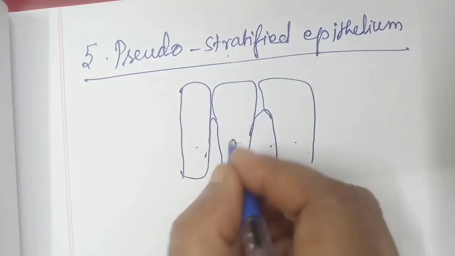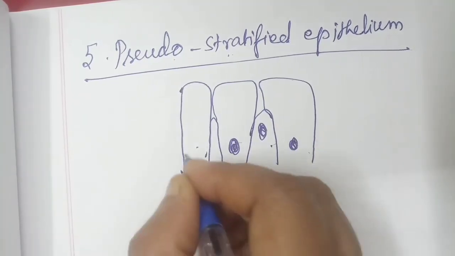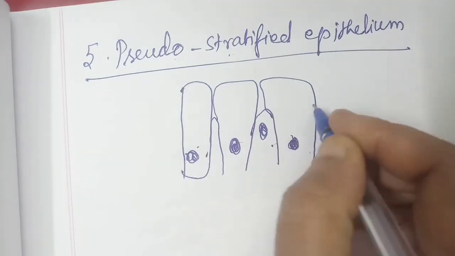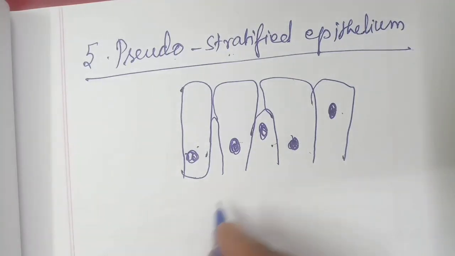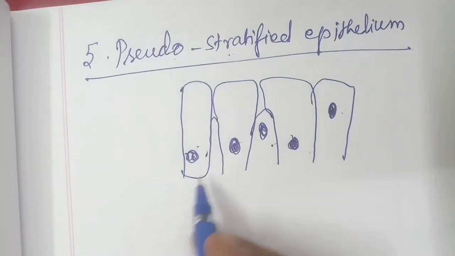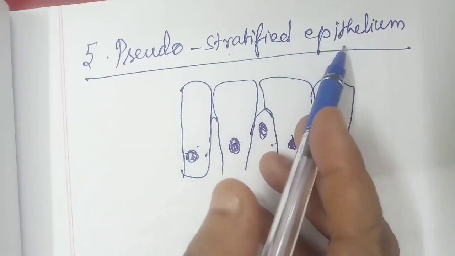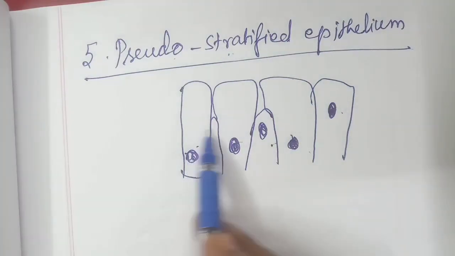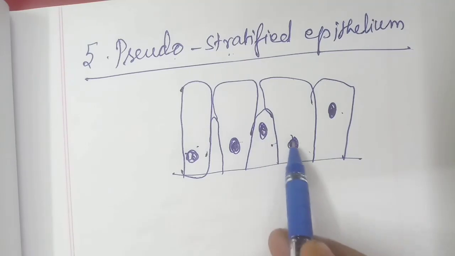Only single layer. Their nuclei exist at different levels like this. So, their nuclei lie at different levels in the different cells. That is why it is called pseudo-stratified epithelium. I think you might have understood, only single layer of cells, but the nuclei exist at different levels.